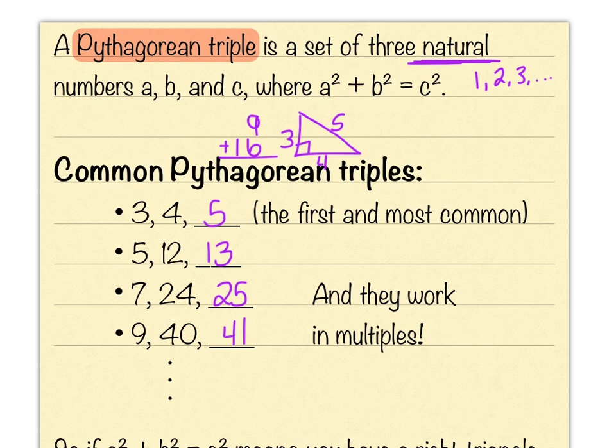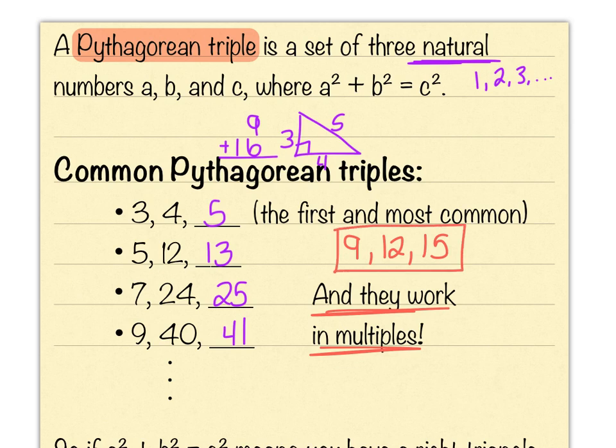But what's interesting is that they also work in multiples. So if you see a triangle that's a 9, 12, 15 triangle, then it has to be a right triangle because that is a multiple of the 3, 4, 5. Obviously times 3, times 3, times 3. Or if I did a 6, 8, 10 triangle, that would be a right triangle.